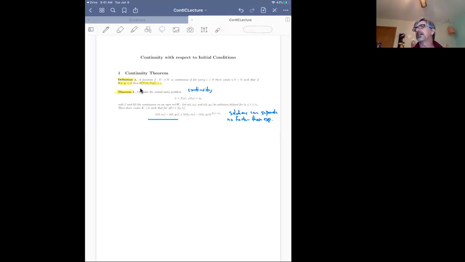In this case, those are phi of t x naught, the solution that starts at x naught, and phi of t y naught, the solution that starts at y naught.